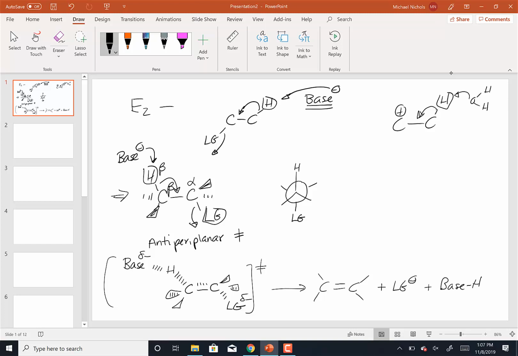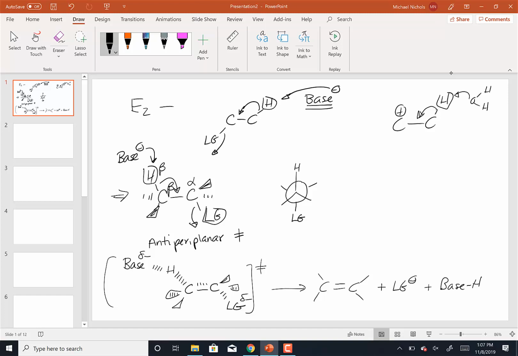So this is the antiperiplanar geometry of the transition state. So the H must be anti to the leaving group. Now the nitty-gritty reason for this has to do with energy, and it has to do with what I'm looking at.